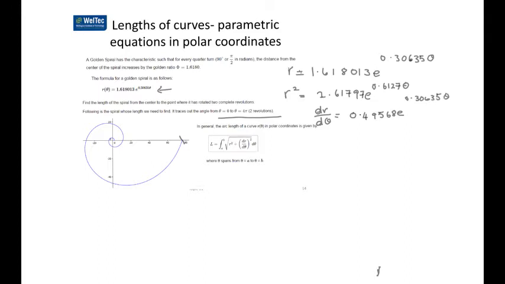And we need to find that squared. All we're doing is we're just finding the bits for the formula. So that then becomes 0.24567 e to the power of 0.6127 theta.